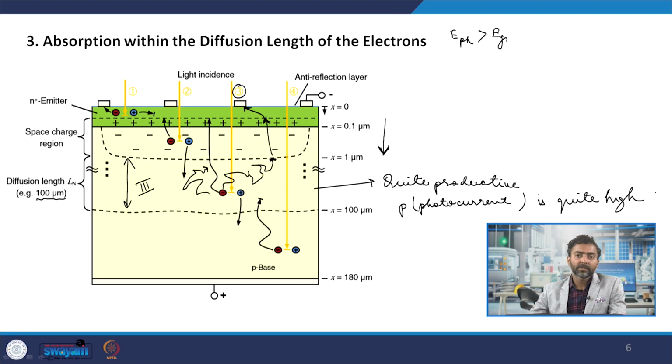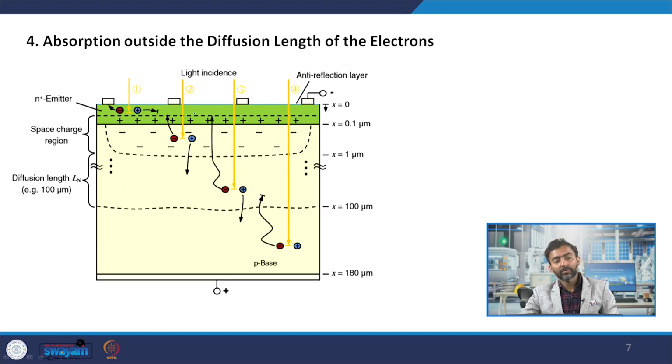For the space charge region there is almost 100% surety that you will get a photocurrent. In this third region, the probability of getting photocurrent due to the electron hole pair created is quite high, though not as high as the space charge region, but still it is okay. So the second region and third region both are okay, we can deal with them. The first region, the top dead layer, is a no go, that is not where we want our photons to get absorbed.